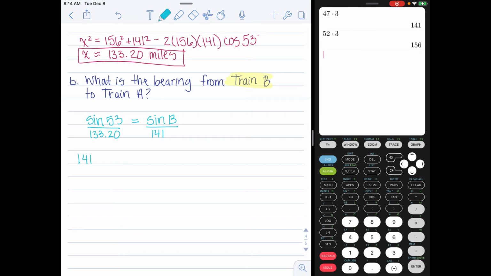So 141, hopefully you're plugging this into your calculator by now. Dividing both sides by 133.20, and then you're going to take the inverse sine of all of that. And we should be getting angle B to be about 57.72 degrees.